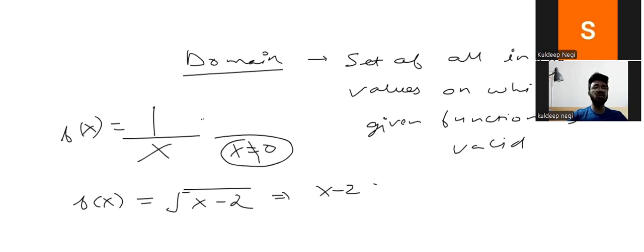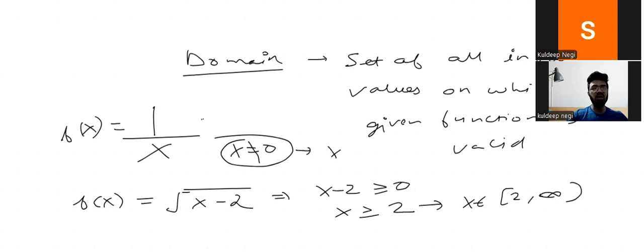It means the value of x should be greater than or equal to 2. So how will you write a domain for it? You will write that x belongs to, in simple language, all the values from 2 to infinity, which is the domain for the second one. And for this, we can say that your x belongs to all real numbers except 0. So that is the case of domain.